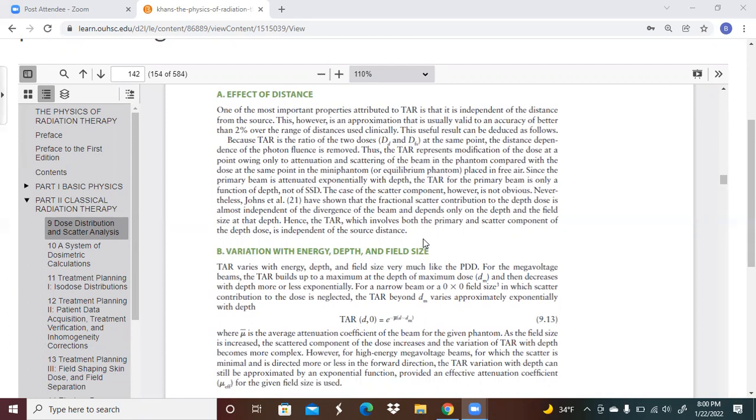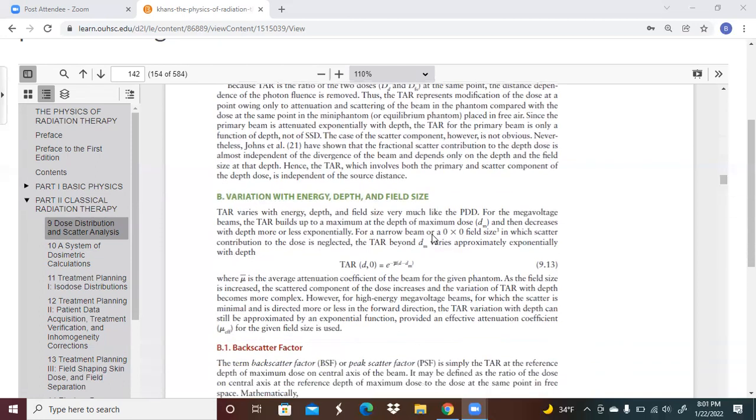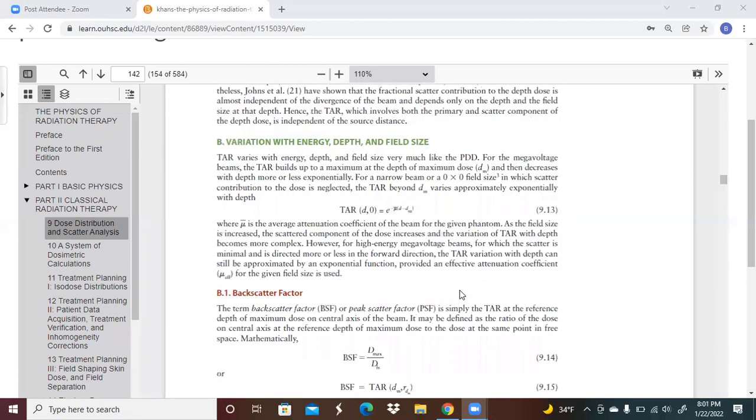The case of the scatter component is not obvious. However, it's been shown that the fractional scatter contribution to the depth dose is almost independent of the divergence, dependent only on the depth and the field size at that depth. So therefore, for both the primary and the scattering component of the depth dose, it's independent of the source distance.